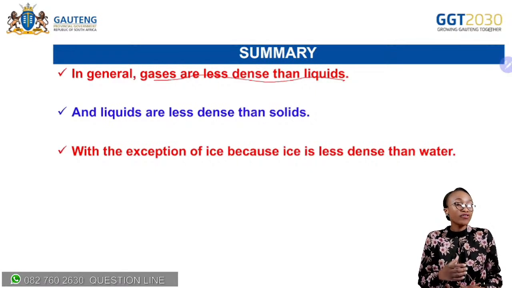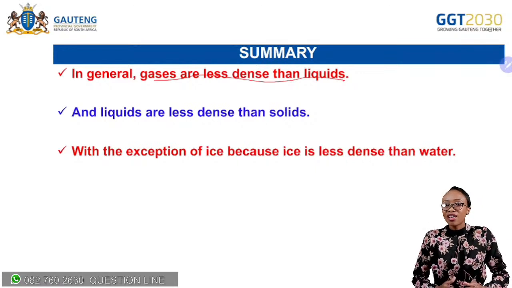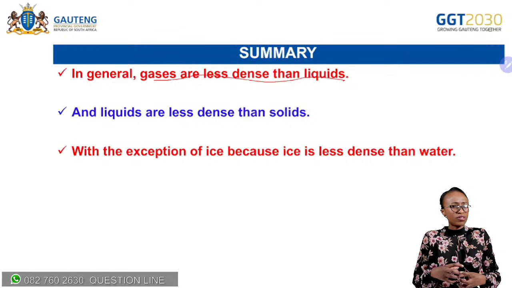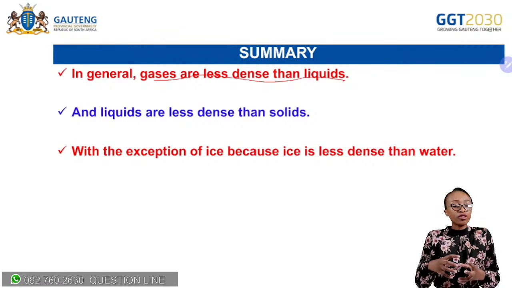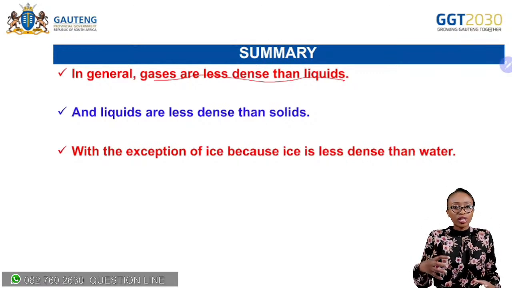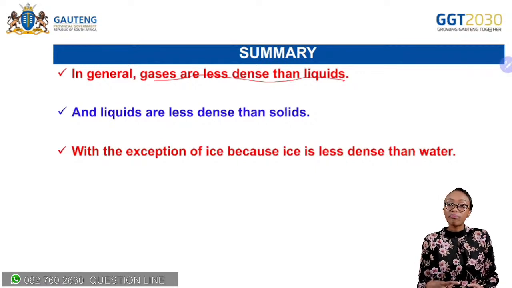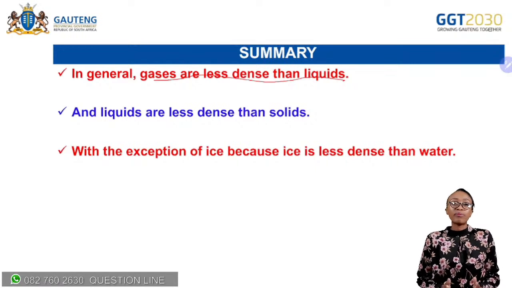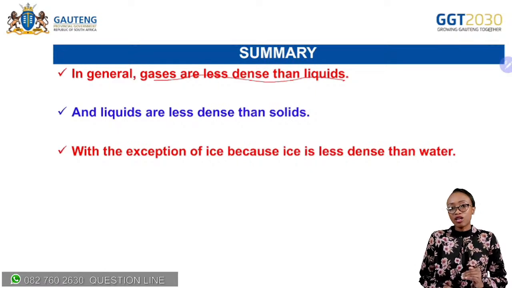Remember, we defined volume as the space occupied by an object. So when the water is freezing and the ice is forming, it fills up the entire bottle, increasing the space that it has occupied. It has occupied more space; the volume has increased for the same mass. When the volume for the same mass has increased, it lowers the density of the ice.